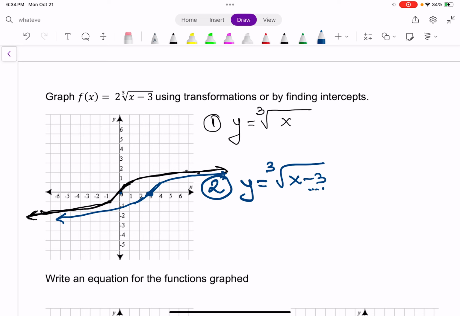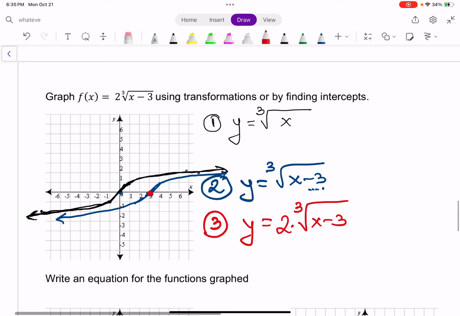And finally, times 2 means stretch the graph vertically by a factor of 2. So times 2. So this guy, y value is a 0, so stays a 0. This y value is a 1, so it's going to move to 2. This one's going to move to negative 2. So the graph is going to be way wider. There you go. And that's ultimately where the graph ends up being.